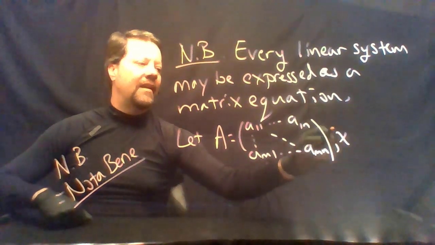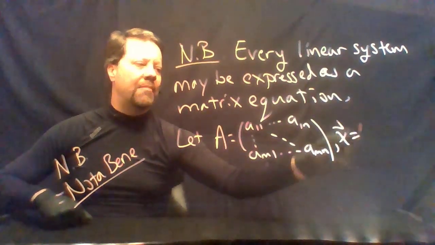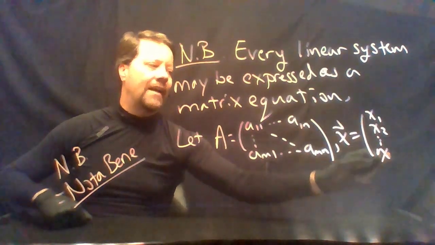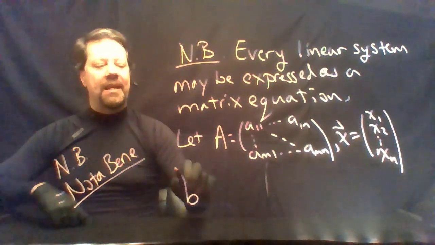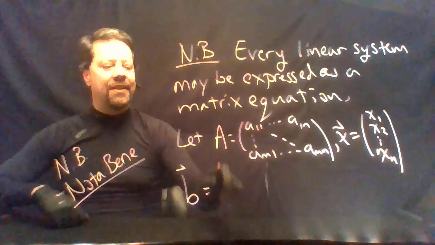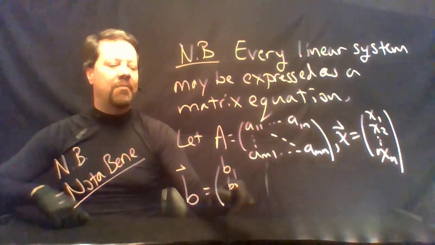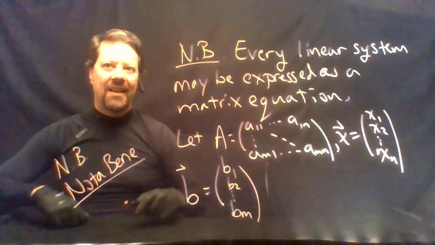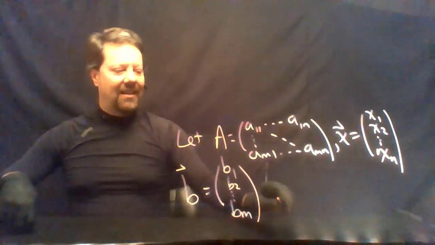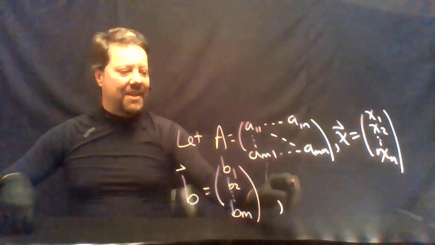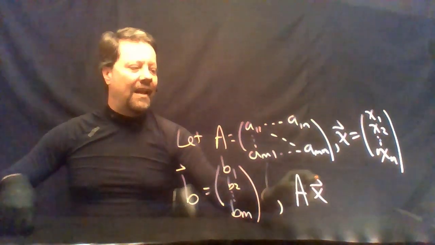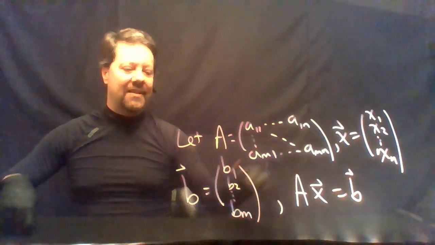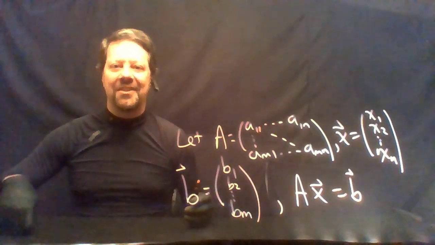Let X with a half arrow over the top be X1, X2 through Xn, and let B with a half arrow over the top be B1, B2 through Bm. Now, I want to consider the matrix equation AX equals B.